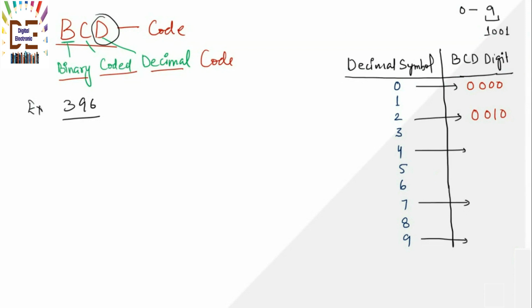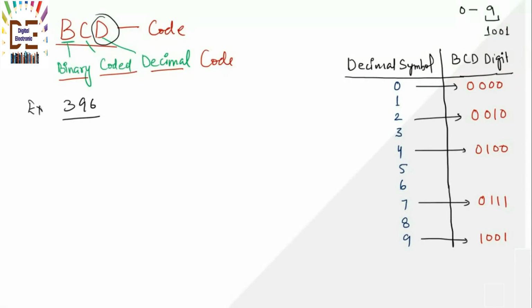For 4, 0100. For 7, 0111. For 9, 1001. Is it clear? I don't want to write everything, because you know how to complete it. 1 can be written as 0001. So we have a decimal symbol and a BCD digit for it.